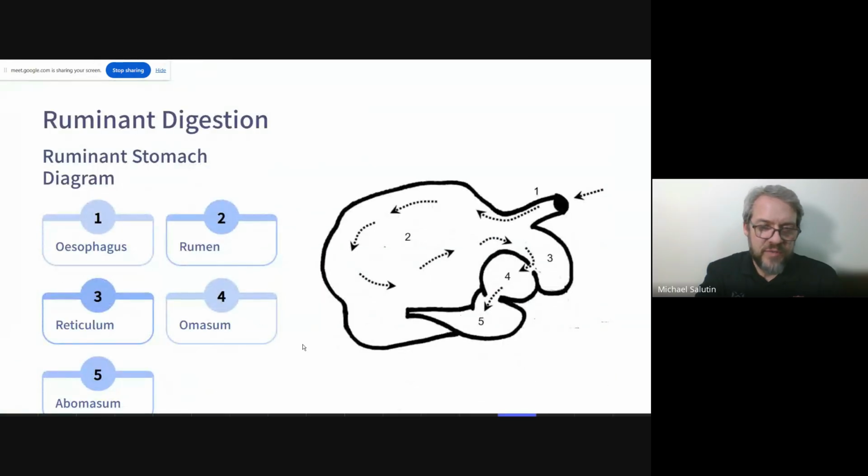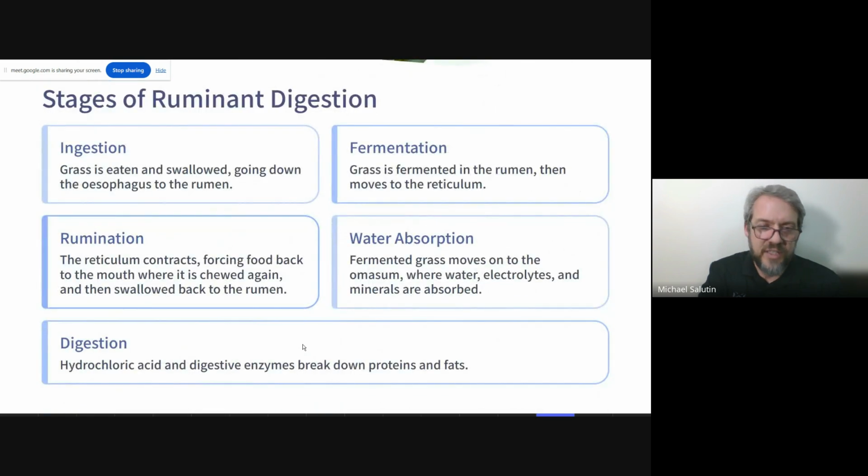It goes through the esophagus, the rumen, the reticulum, the omasum, and the abomasum. It goes through this fermentation process again and again, through this rumination process, where it's going from the reticulum back to the esophagus, back to the mouth again, and then finally passing to the omasum. Digestion has not occurred yet. It's just absorbing water and electrolytes and so on at that point. And then finally, the digestion occurs in the abomasum with the hydrochloric acid and digestive enzymes. Okay, so that's basically that in a nutshell.